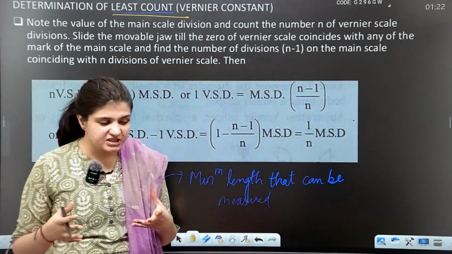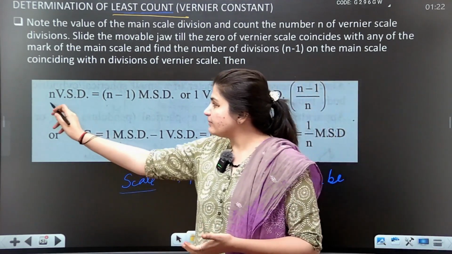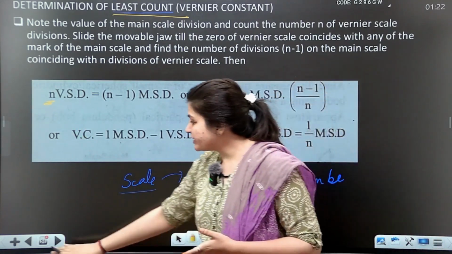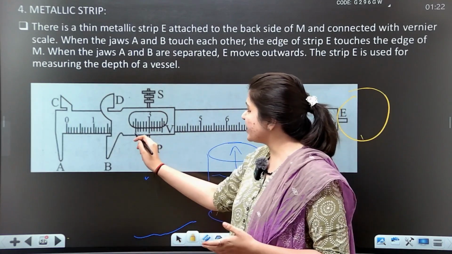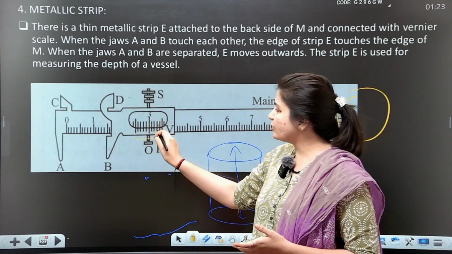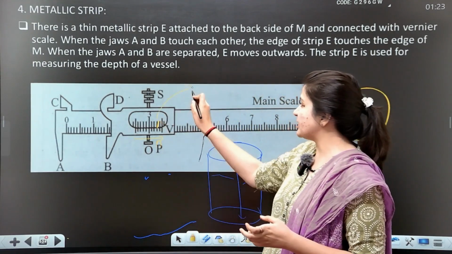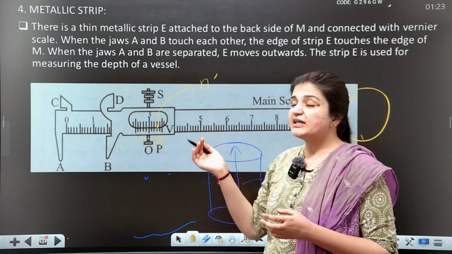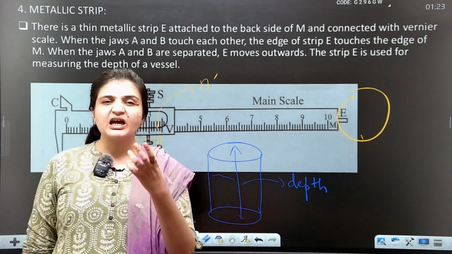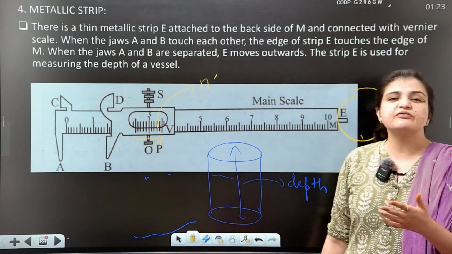So students, in the vernier caliper, let's say these are the end divisions, and these end divisions coincide with the end division of the main scale. Basically, why do we have this vernier caliper? It helps to give the answer to 2 or 3 significant digits.